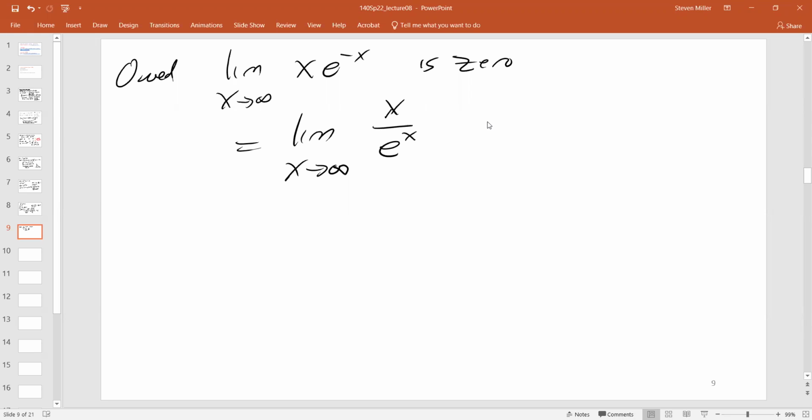What does the numerator go to as x goes to infinity? Infinity. What does the denominator go to? Infinity. So it looks like infinity over infinity, use what?